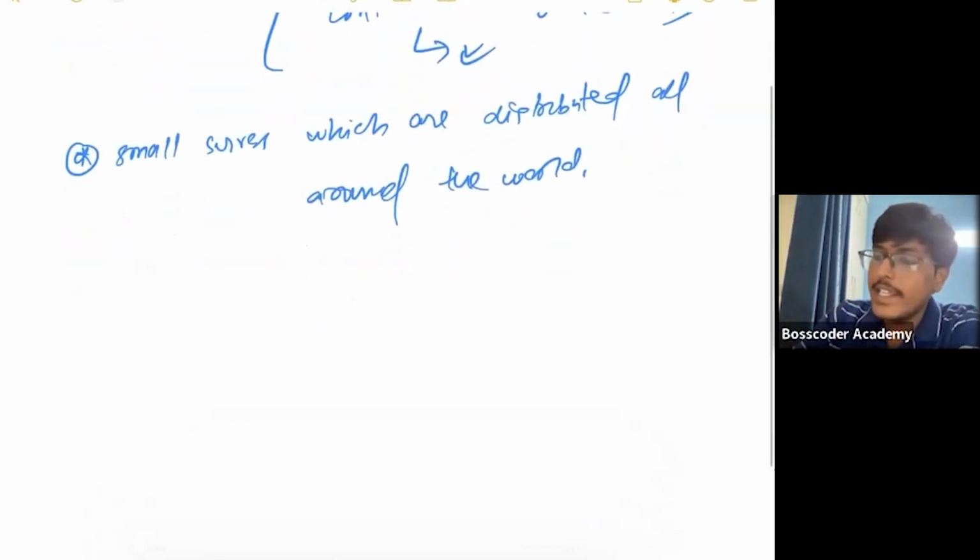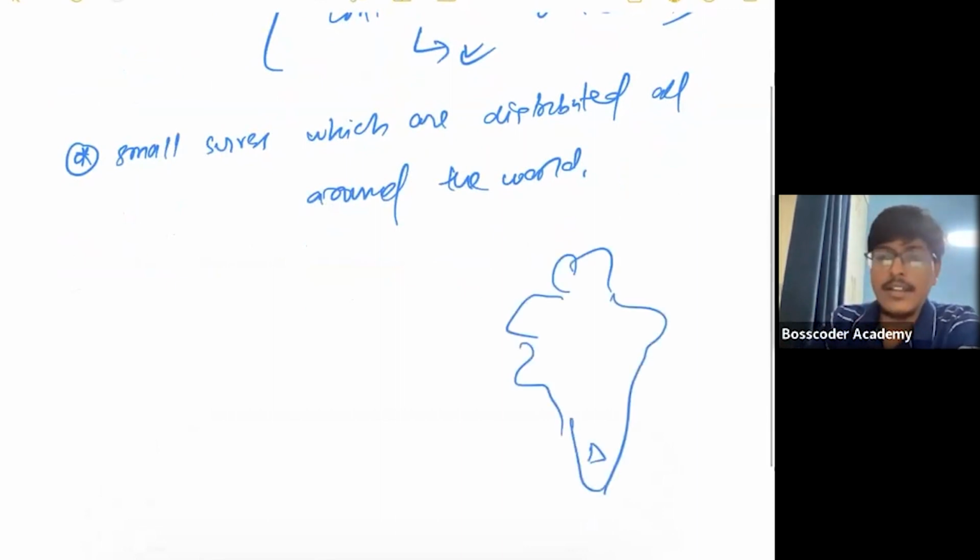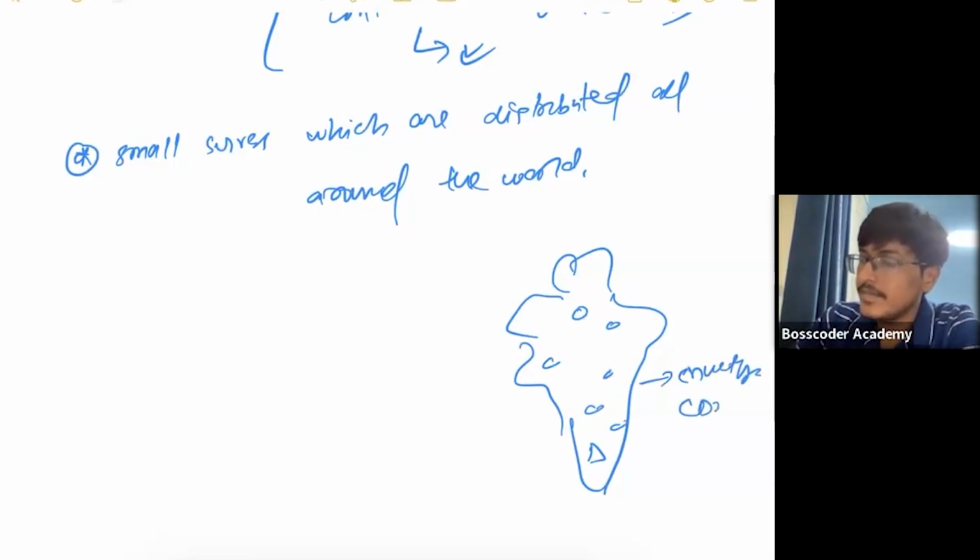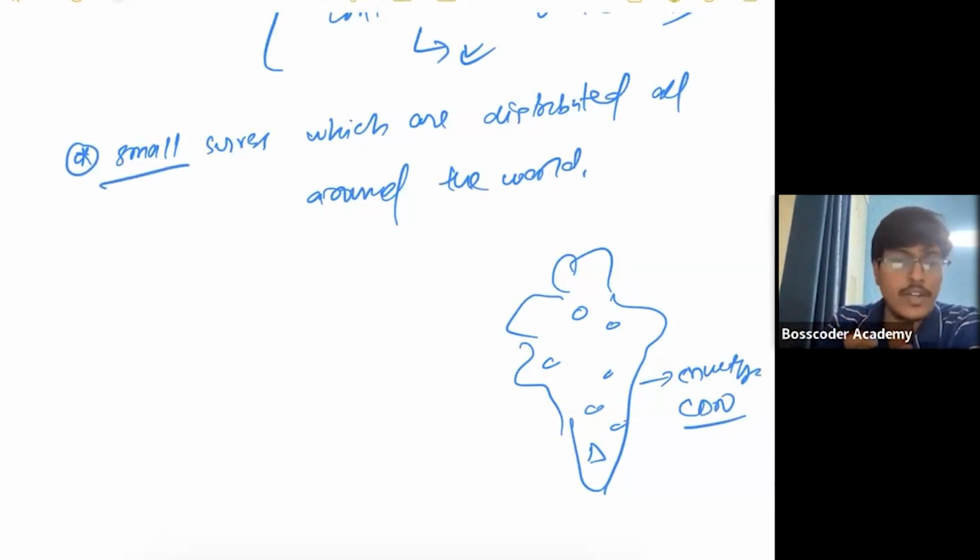So let's say within India itself, there is only one data center, but CDNs will be many, there will be multiple CDNs. These are very, very small servers, which are distributed all across the world. There are multiple CDN providers.